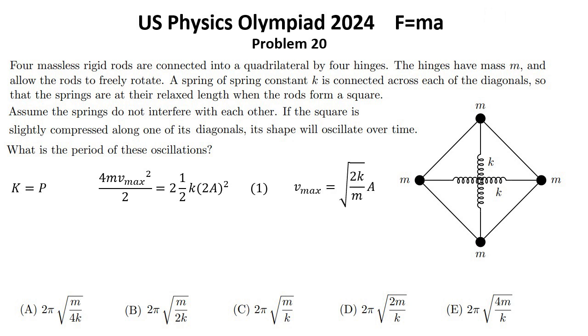From this equation we have v maximum equals the square root of 2k over m multiplied by amplitude a. But on the other hand, for harmonic oscillation we have v maximum equals omega multiplied by amplitude, so finally omega equals the square root of 2k over m and period T equals 2 pi multiplied by the square root of m over 2k. That was answer B, and this was the solution to problem number 20.